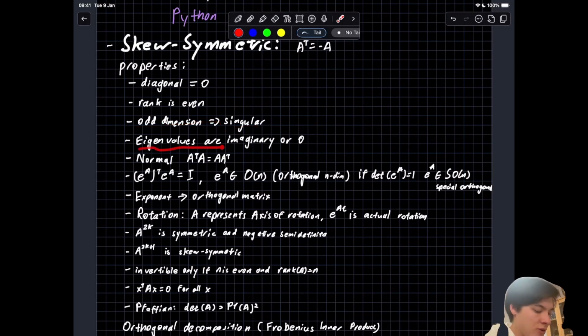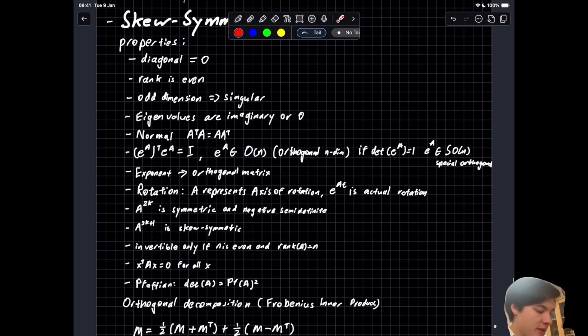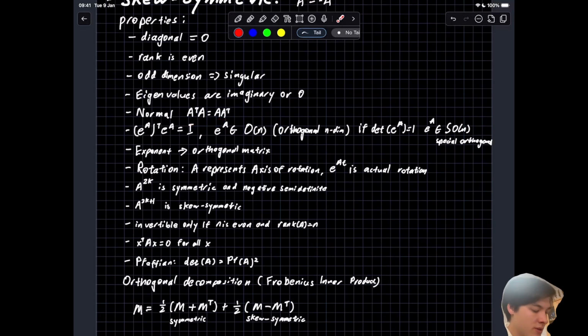The eigenvalues are either imaginary or 0, and it's normal: a transpose a equals a a transpose. Then also e to the power of a transpose times e to the power of a is equal to identity. What does this mean? This means e to the power of a is orthogonal.